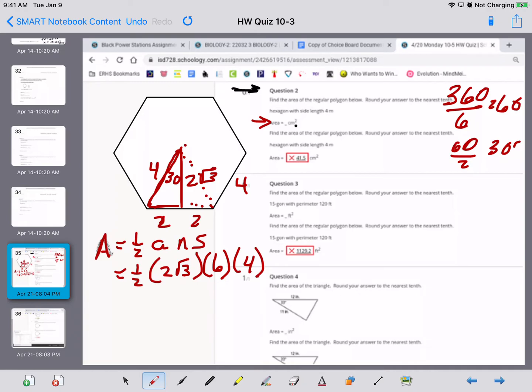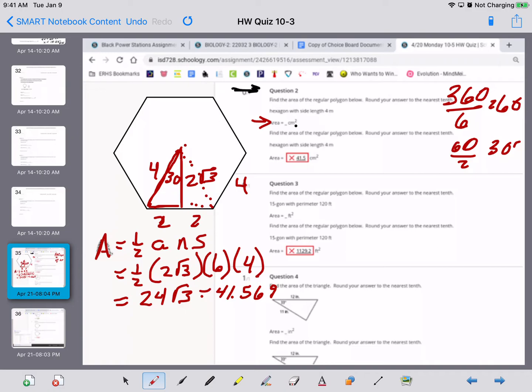Now I've got 24 square root of 3. If I take my calculator and pop that in there, it's 41.569.